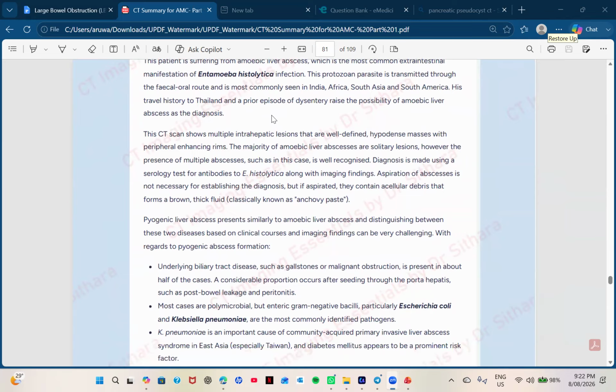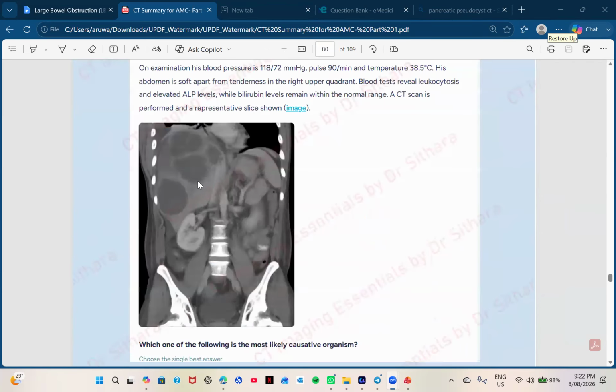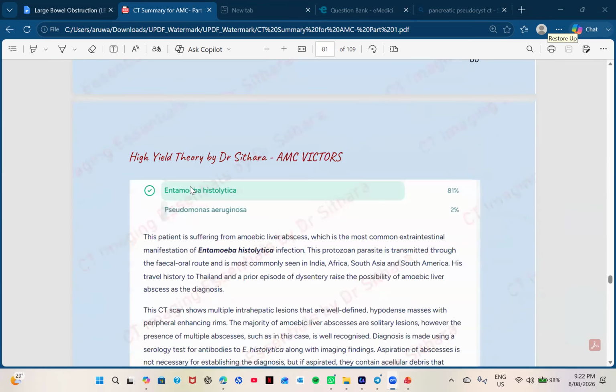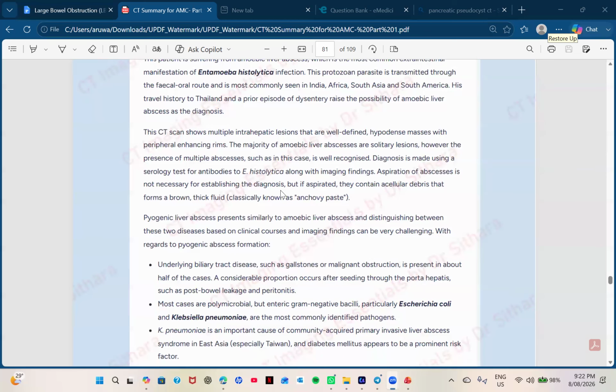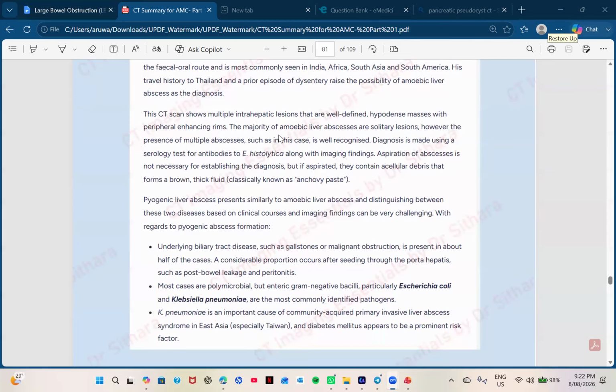CT scan shows multiple intrahepatic lesions that are well-defined hyperdense masses with a peripheral enhancing rim. You can see the peripheral enhancing rim, hyperdense. The majority of amoebic liver abscesses are solitary lesions. However, the presence of multiple abscesses, such as in this case, is well recognized.